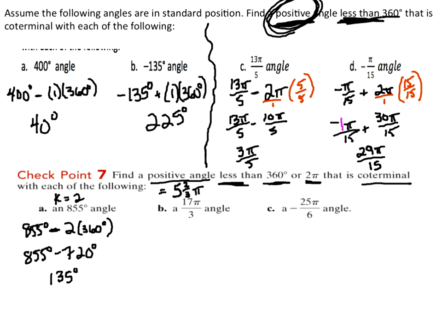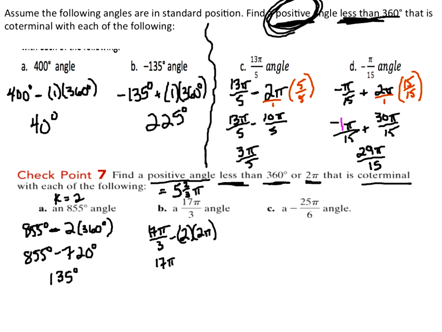So I'm going to obviously subtract to get myself back down to a positive angle less than 2 pi. I start out with 17 pi over 3, and I'm going to subtract 2, there's my k value, times 2 pi.